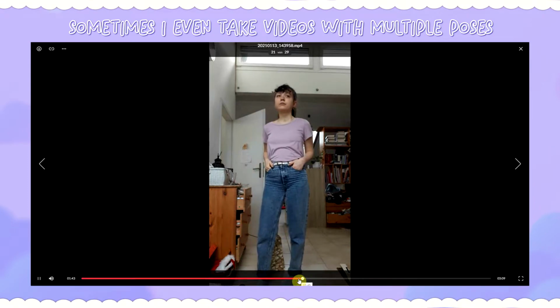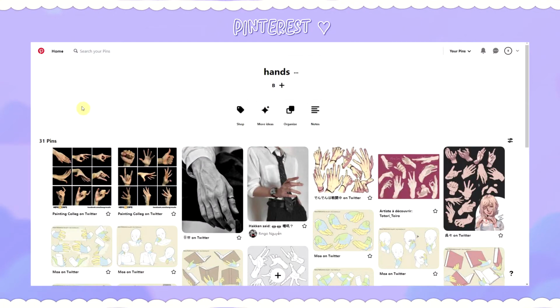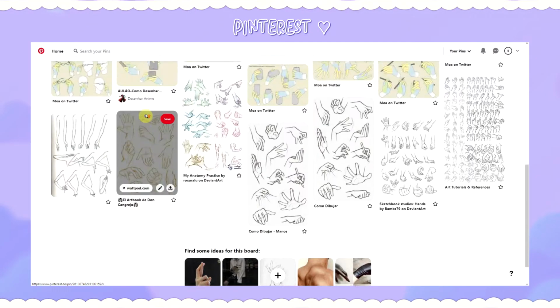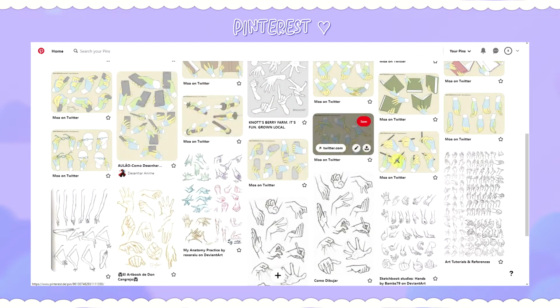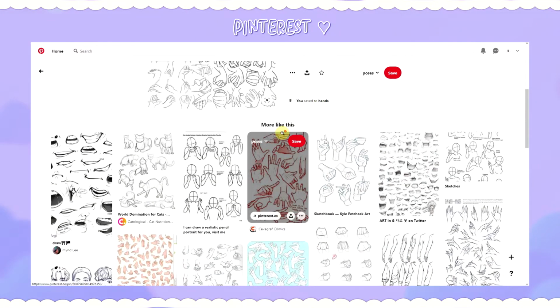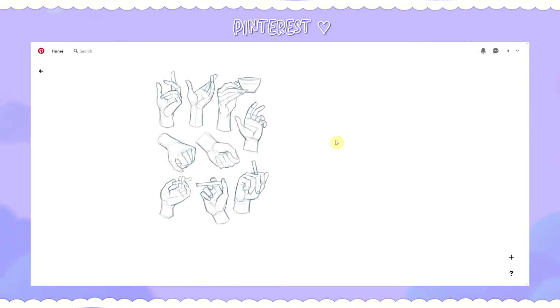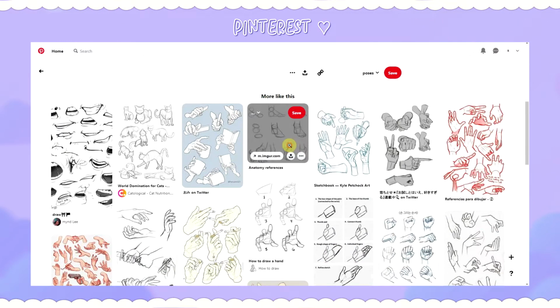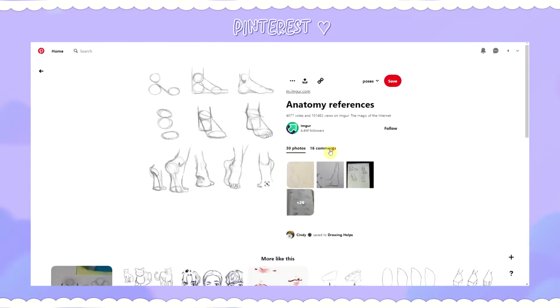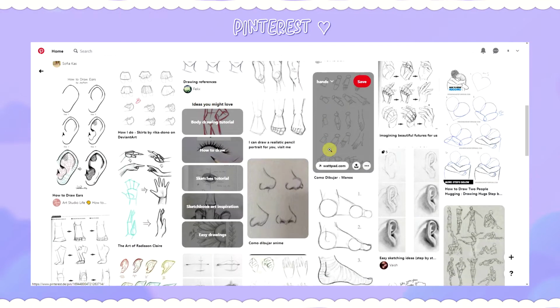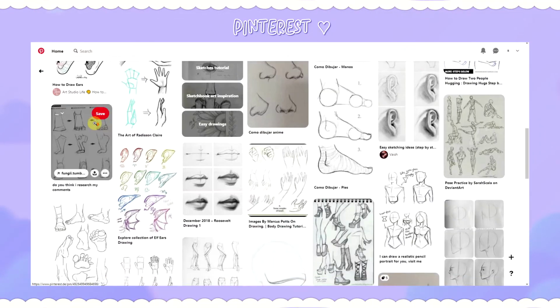Or if you can already imagine what most of the body looks like, but you have problems with one part of the body, for example the hands, which happens often to me, or the feet, you can take a photo of this body part of yourself from the angle you're looking for, or you can browse for pictures. There are lots of hand studies online. Everyone struggles with them. We're all in this together here.